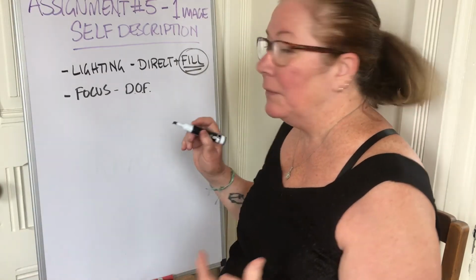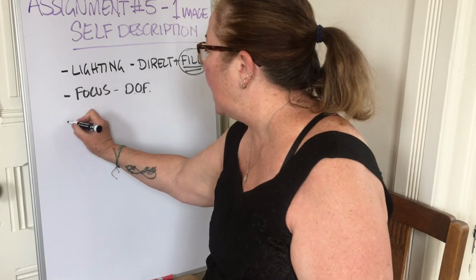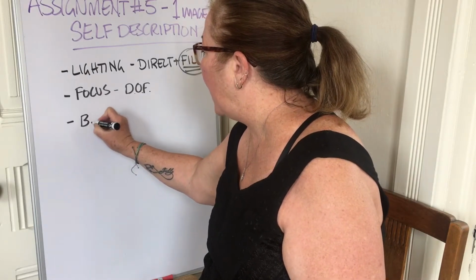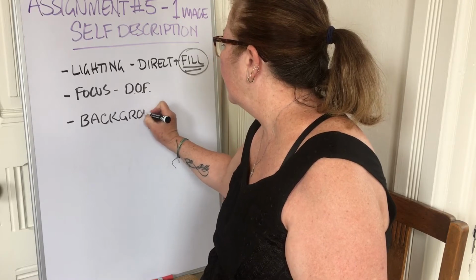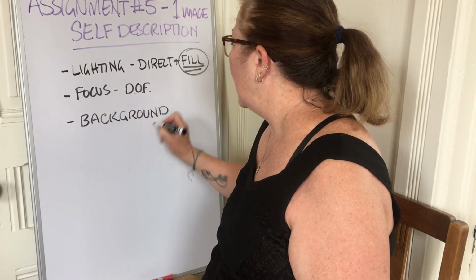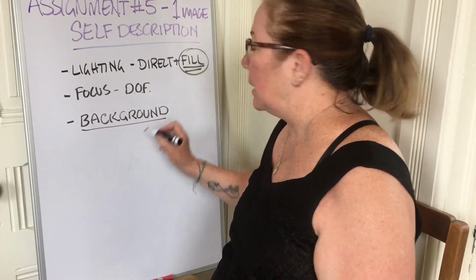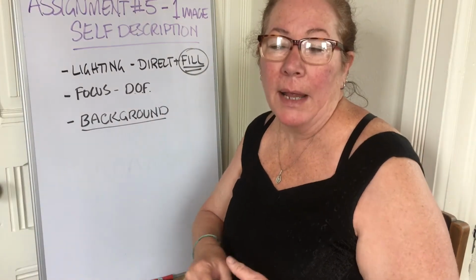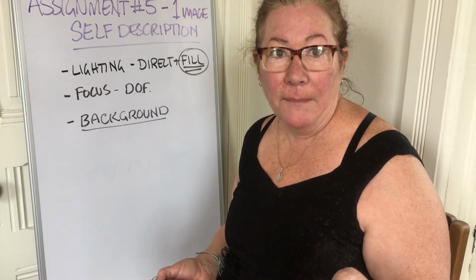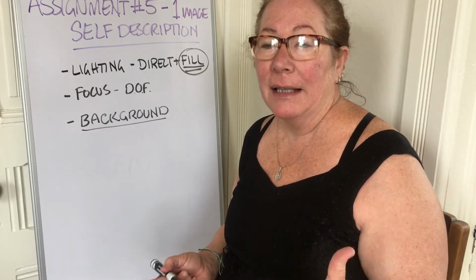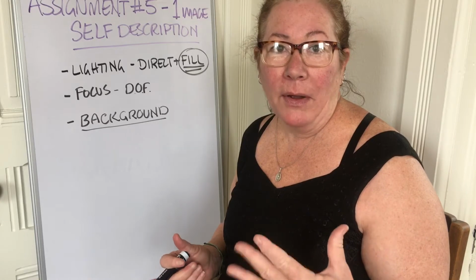Okay, so this is where you're going to have your creativity, and I want you to pay attention to the background. Okay, the background is really important in this image. In a lot of ways, I think it's important to isolate your objects. And when I say isolate, I mean make sure that the background isn't too busy.